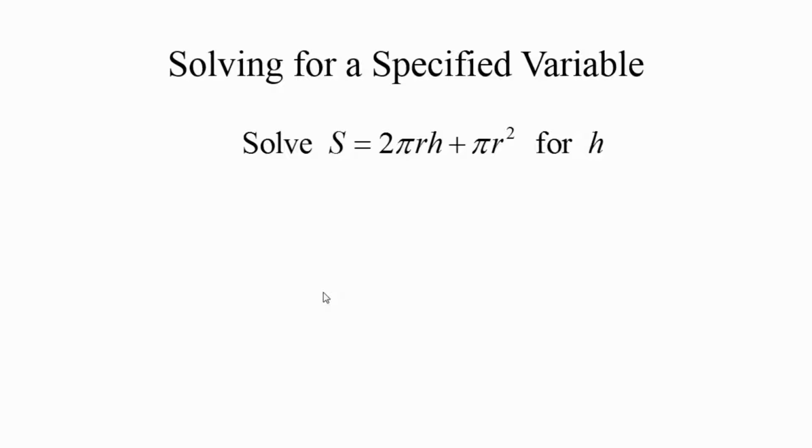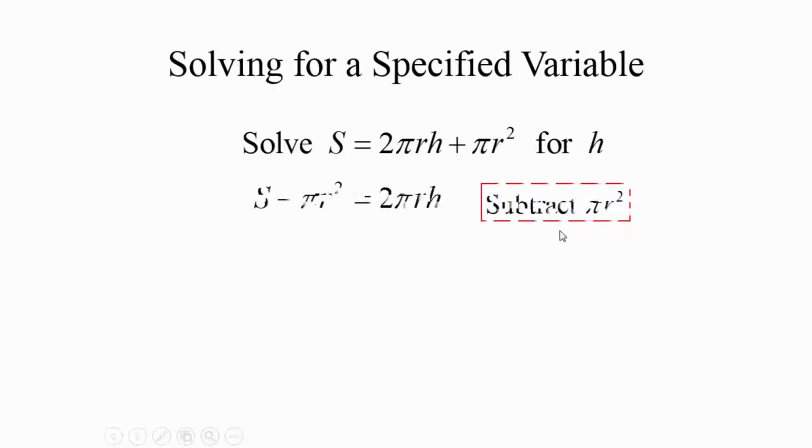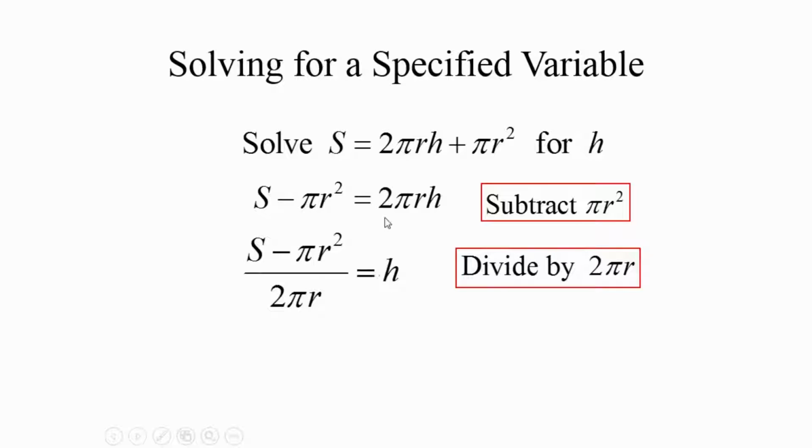Okay, let's see what they did. Okay, they did the same thing. They took this pi r squared to the left-hand side. It became minus pi r squared. So subtract pi r squared from both sides. And now divide everything by this coefficient 2 pi r. There you go.